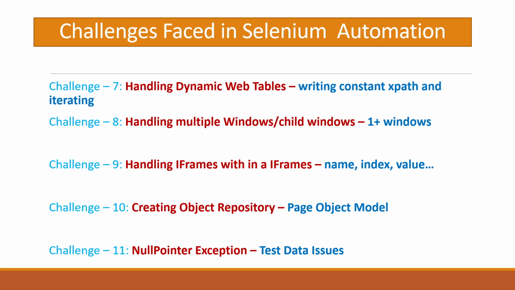The seventh challenge is handling dynamic web tables. The eighth is handling multiple windows or child windows. The ninth is handling iframes within iframes, the tenth is creating an object repository, and the eleventh, the final one, is null pointer exception.